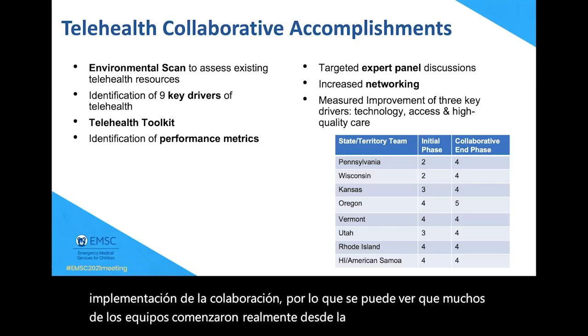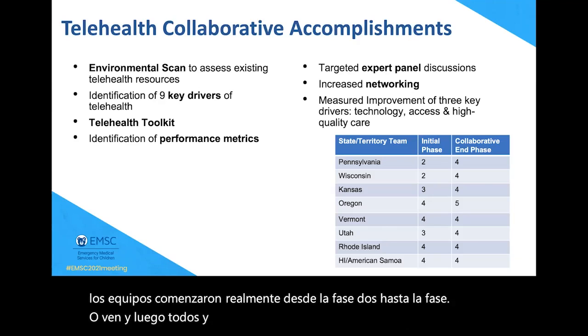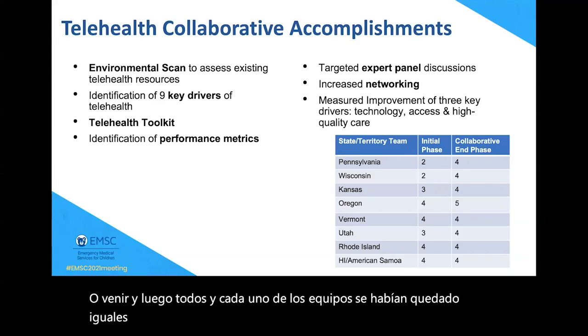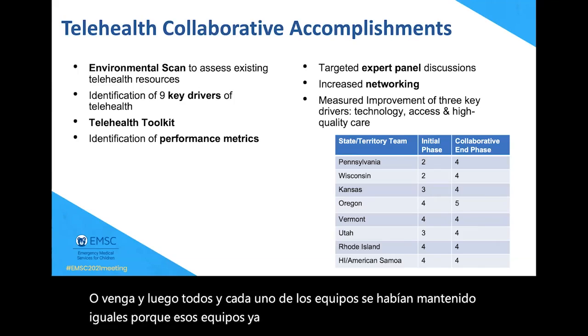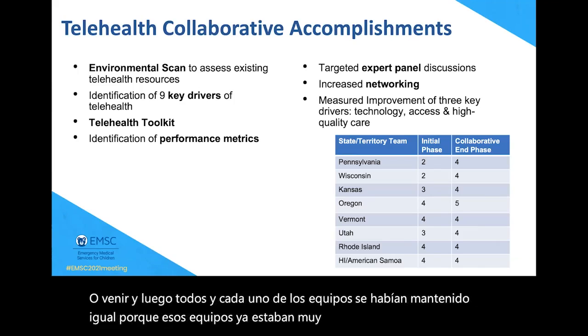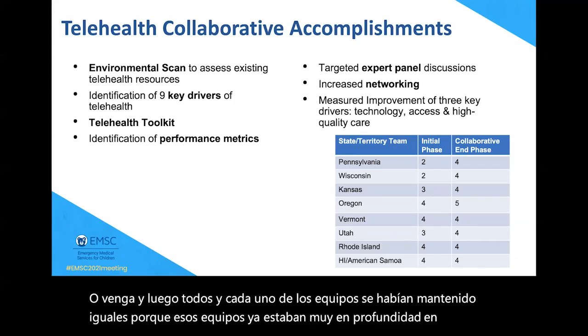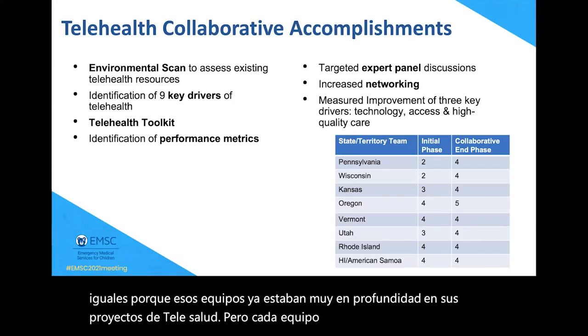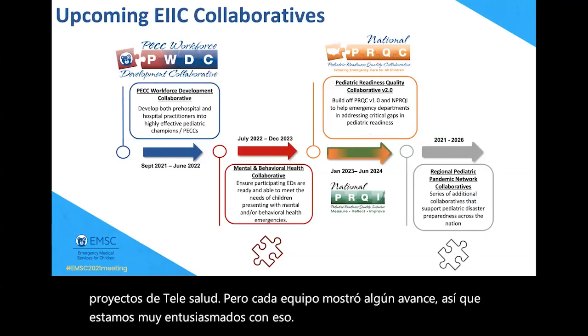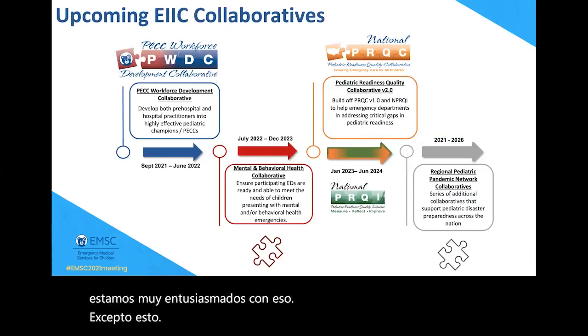And then each and every team had either stayed right at the same, because those teams were already very in depth in their telehealth projects, but each team did show some advancement. So we were quite excited about that. Next slide, please. And I think that is it. Turn it back to, thanks, Lisa.